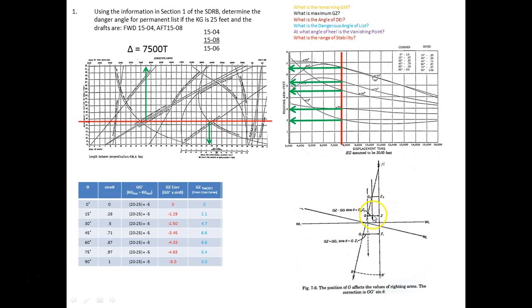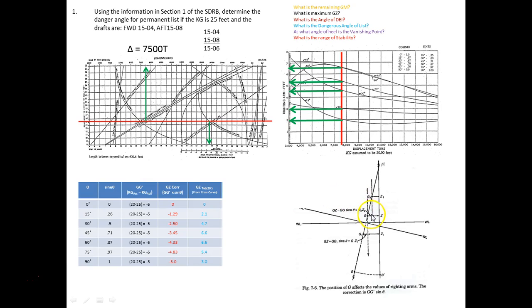And that correction is going to be a function of this angle theta, the sine of theta, which is opposite over hypotenuse, which becomes GZ equals GG sine theta. So the GZ correction right here is going to be equal to GG times sine of theta. And that's what this is right here.